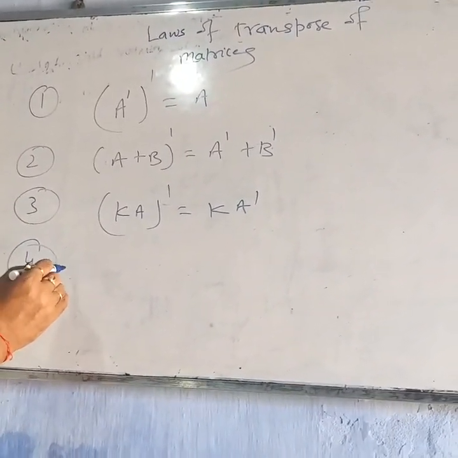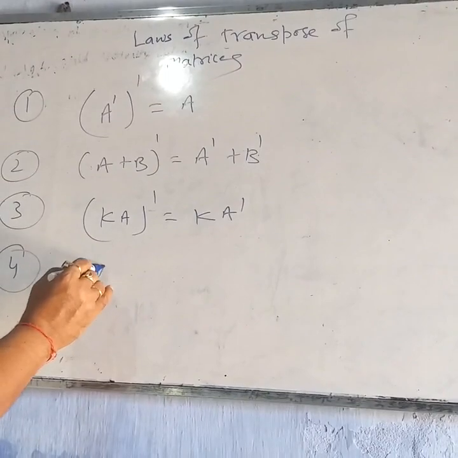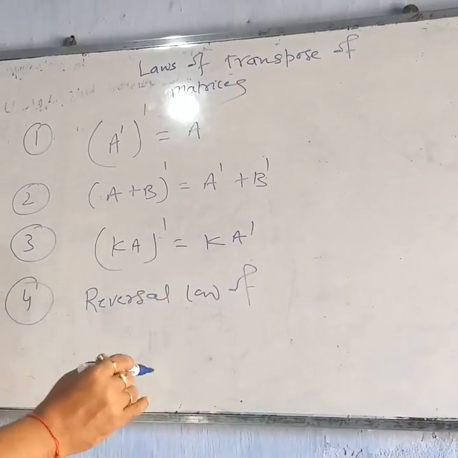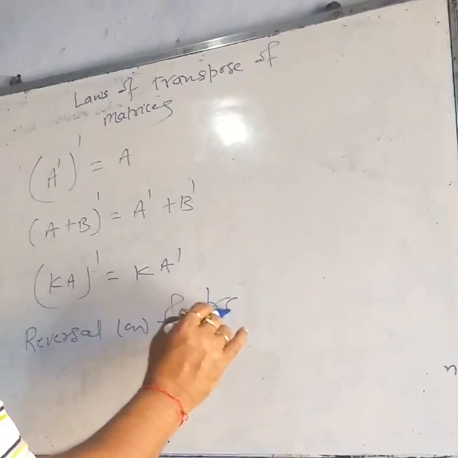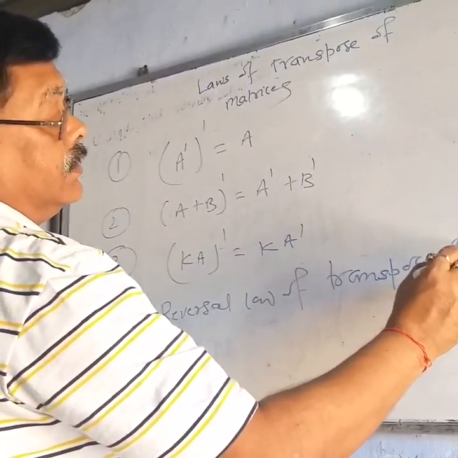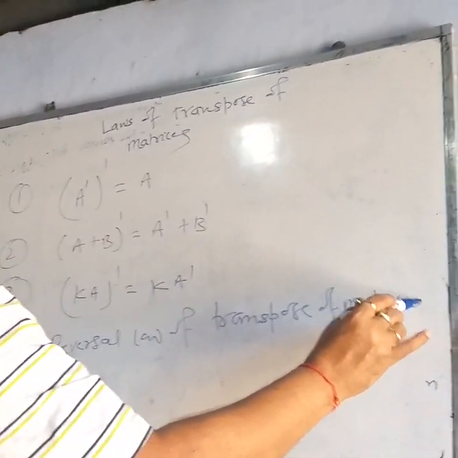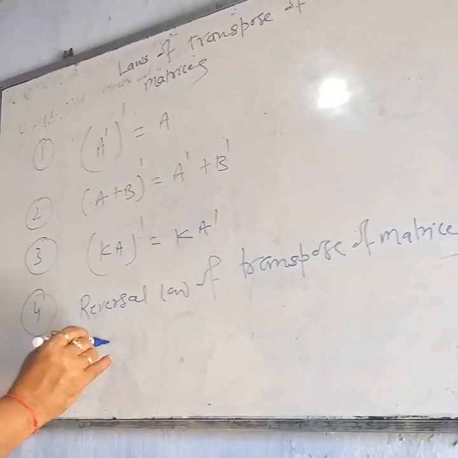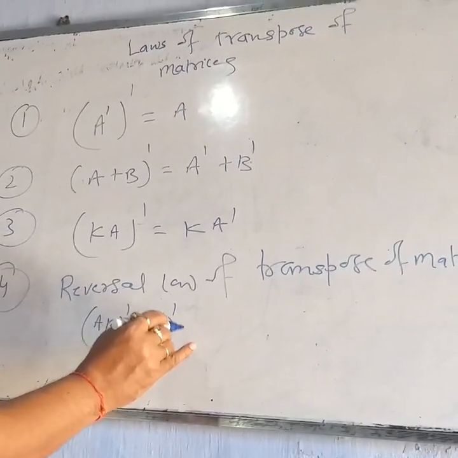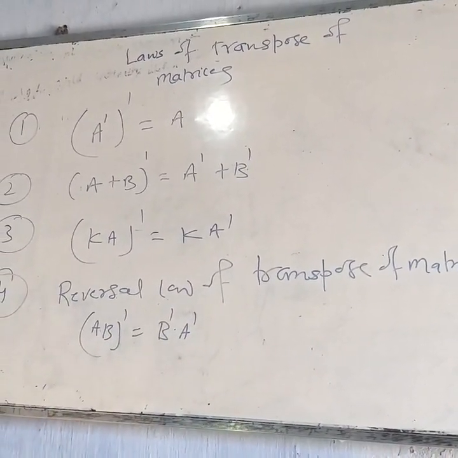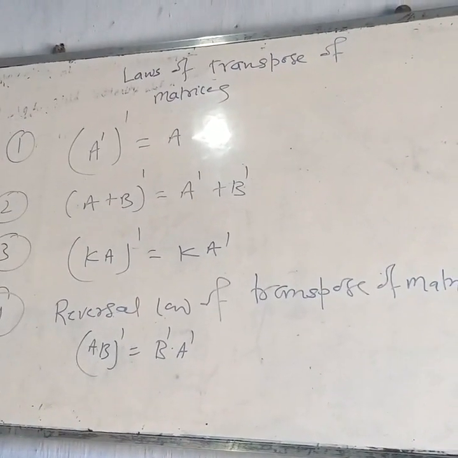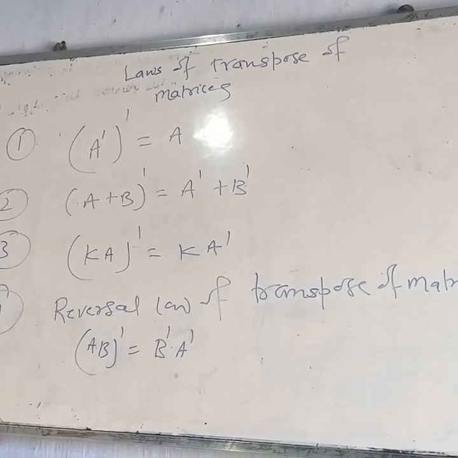Fourth, reversal law of transpose of matrices: (AB) transpose is equal to B transpose into A transpose. So these are the laws of transpose of matrices.